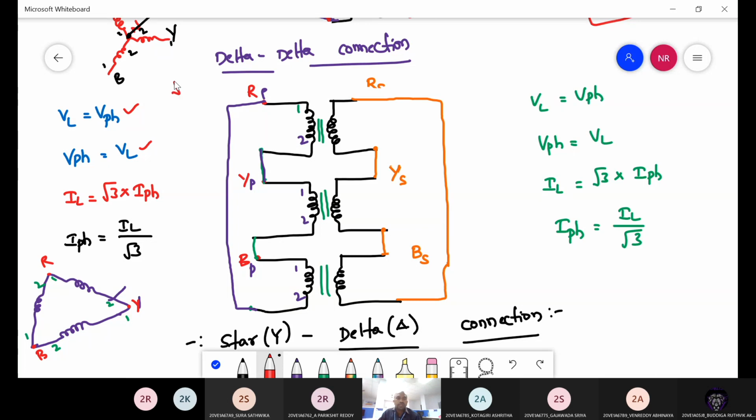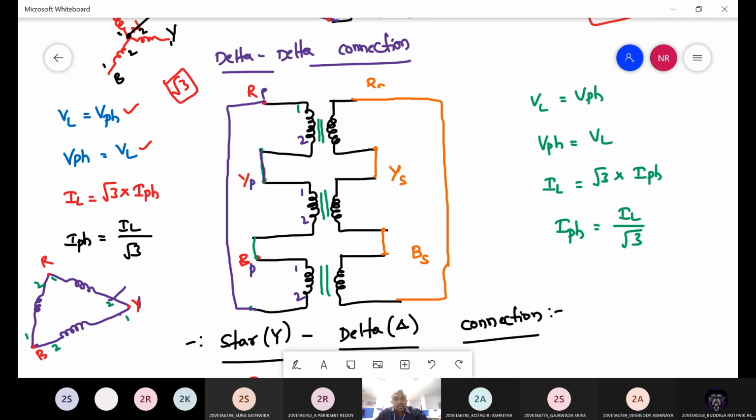It should be root 3 times difference. I already told you, line current is always root 3 times the phase current. IL is equal to root 3 into I phase, and I phase is equal to IL by root 3. This is the delta connection. Same thing happens on the secondary side too.